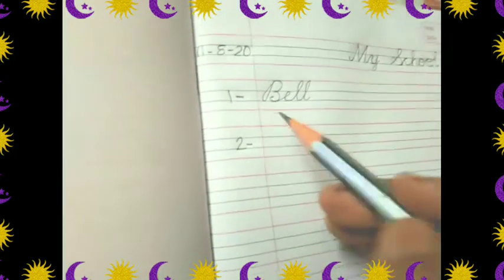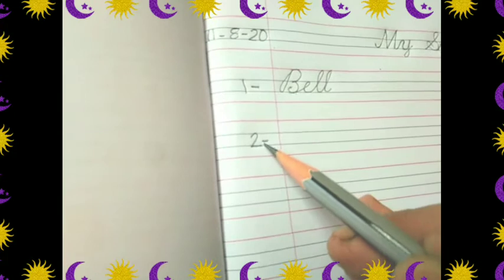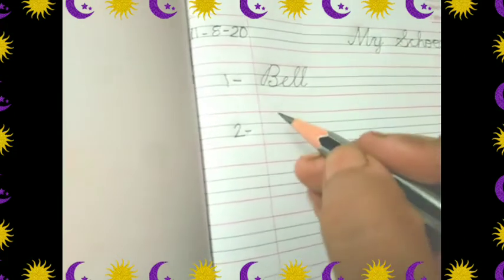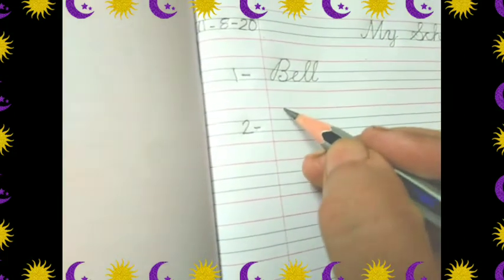After bell, write here 2, make a dash and write desk.